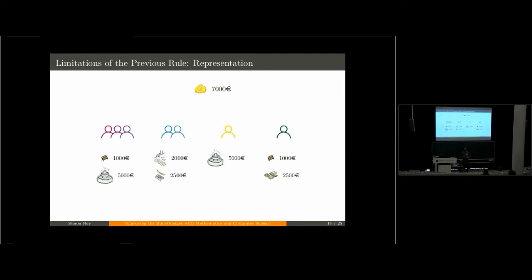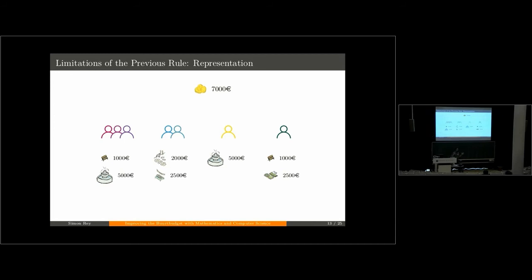So what does it mean? It means that if you look at the proportion of the budget that each voter is entitled to, that proportion is 1/7. So each voter has control over 1,000 euro of the budget, right?